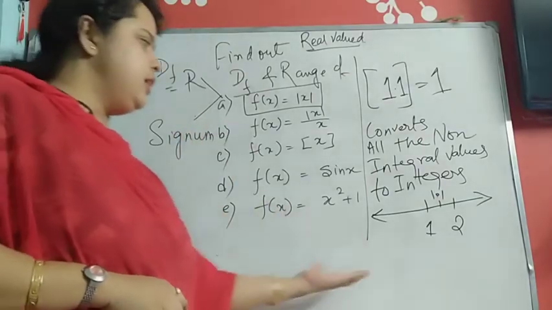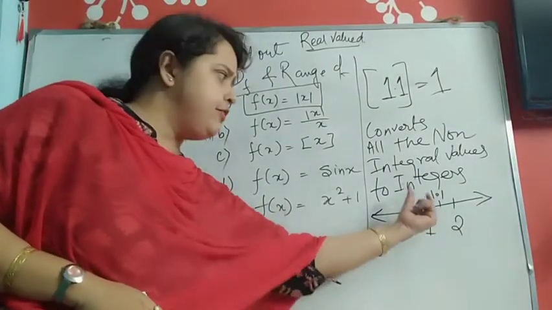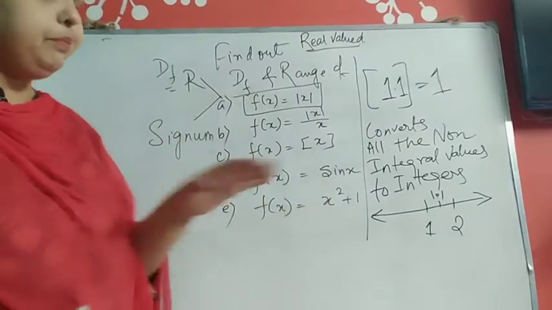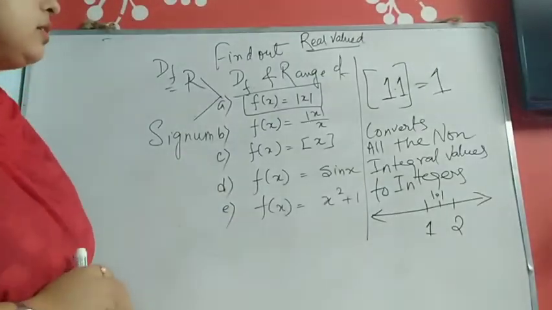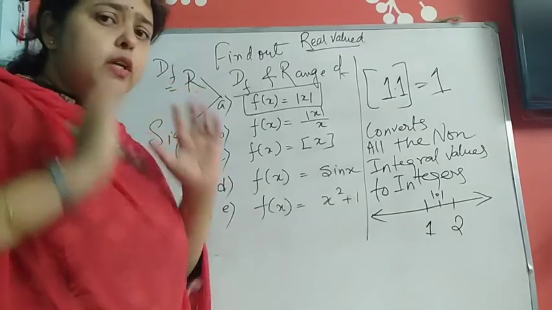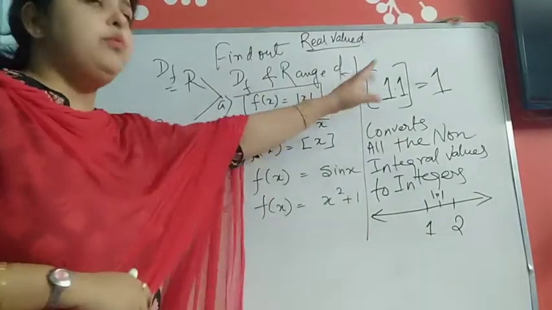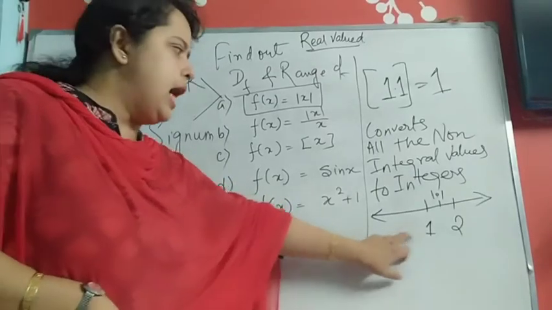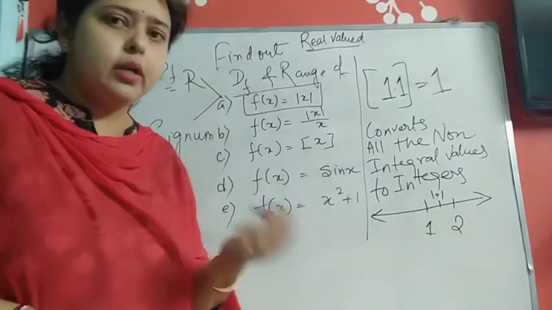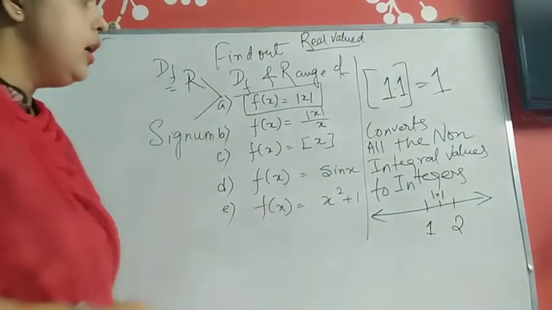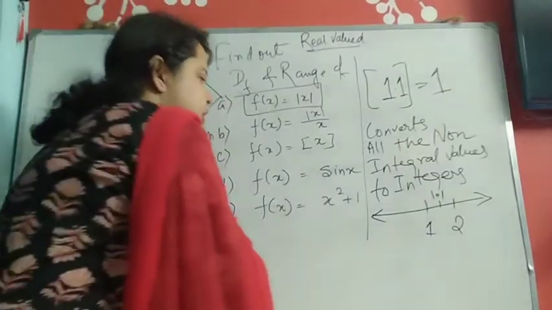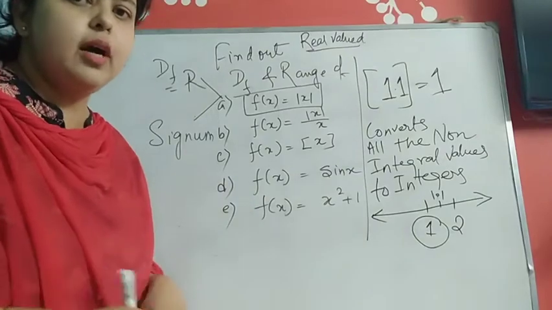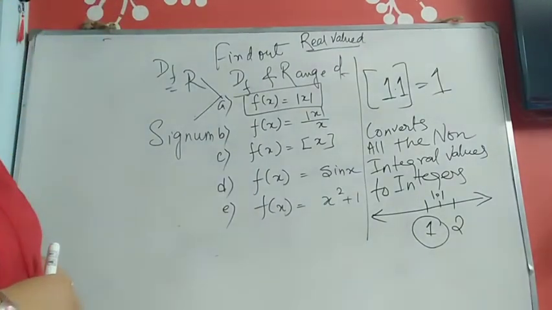Within this interval, 1.1, 1.2, 1.9, everything is lying, which are not integers. Now, what will be the answer? I said 1. Why? That means the smaller integer. Out of these two, what is the smaller integer? It is 1. So for the greatest integer function, we have to substitute the smaller value of the integer.